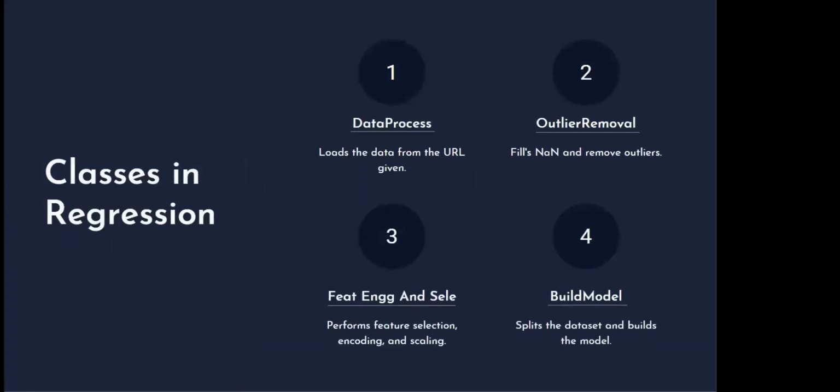For example, in flight fare prediction, we will be predicting the cost of the ticket, which is a continuous variable. So we use regression to solve that particular use case. And if you look at how it was implemented, we have used 4 classes in that. The first class is data process, and then outlier removal, feature engineering and selection, and model build.